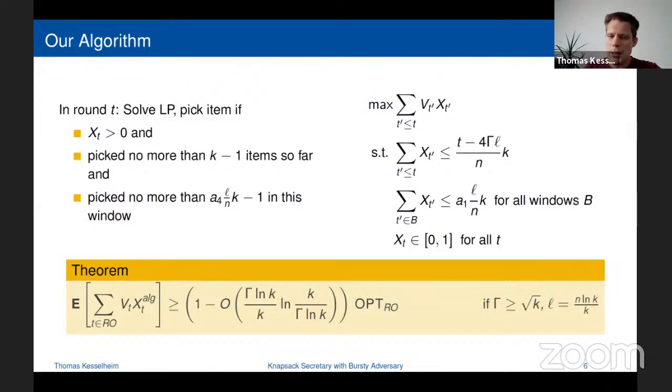It's not quite clear how to deal with this, because with a fully random order, you always argue by conditioning on which items arrived up to this point, but not their order, and then their order is again just a uniformly random permutation. Exactly these kinds of arguments you cannot do here. And this is why such a setting is much more involved than a usual random order.